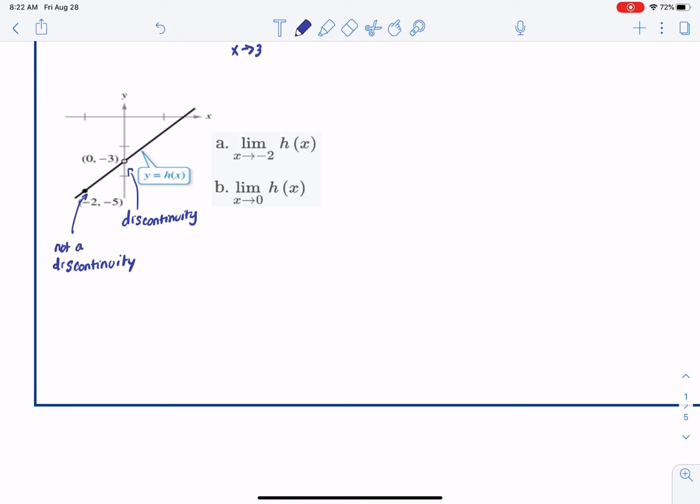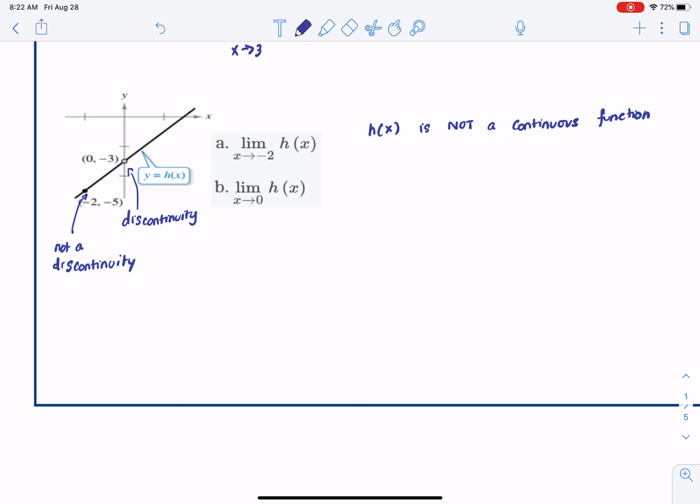And as a whole, is this a function? It is a function, but it is not a continuous function. All it takes is one discontinuity to make the function not continuous.